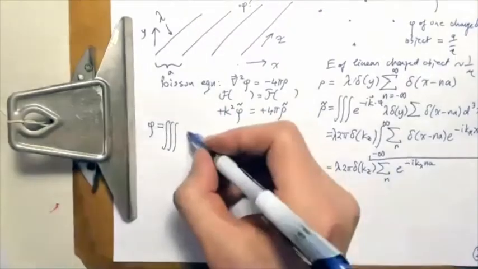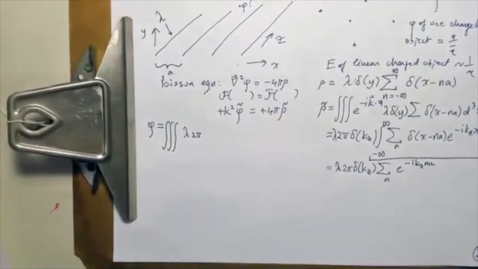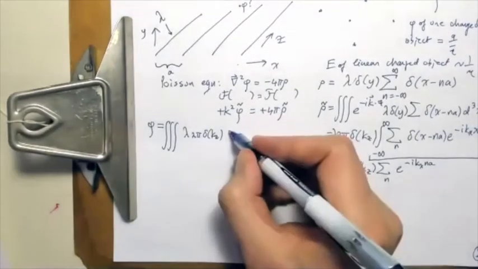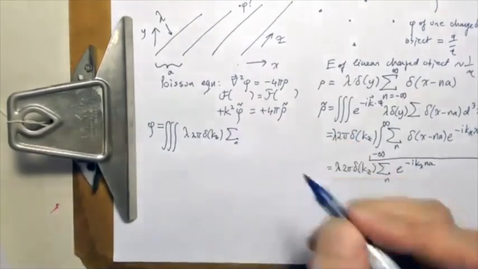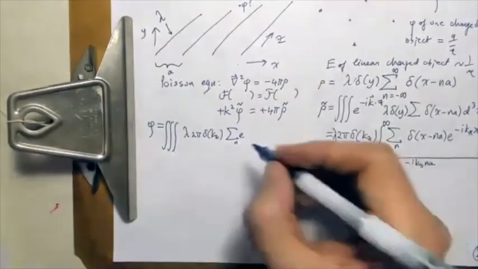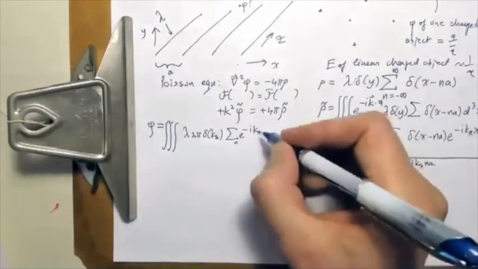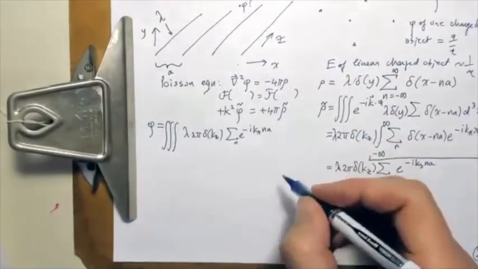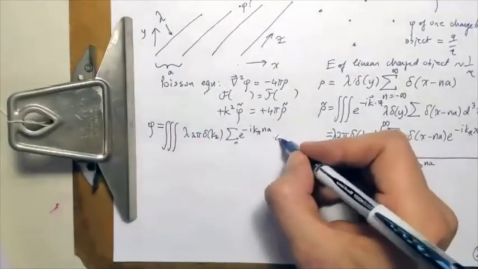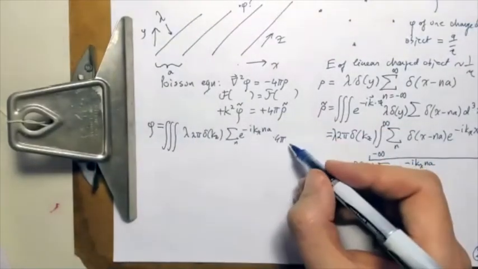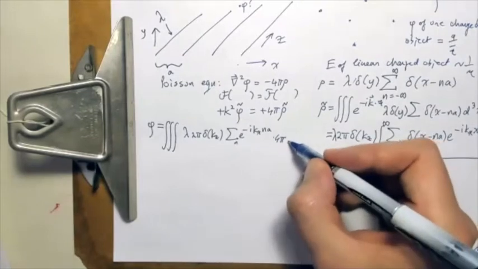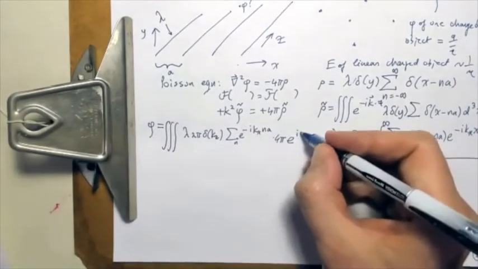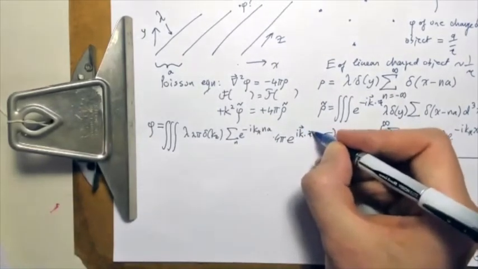Our charge distribution, which is lambda 2 pi delta of k z, and then there's a sum of e to the power minus i k x n a. Now we also need a 4 pi, so let's stick a 4 pi in here. And then the actual inverse transform, so there's an i k dot r.